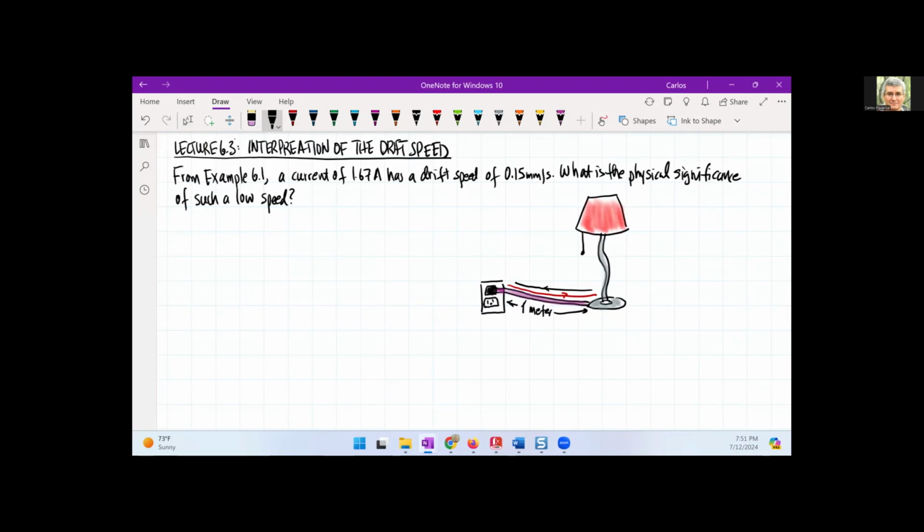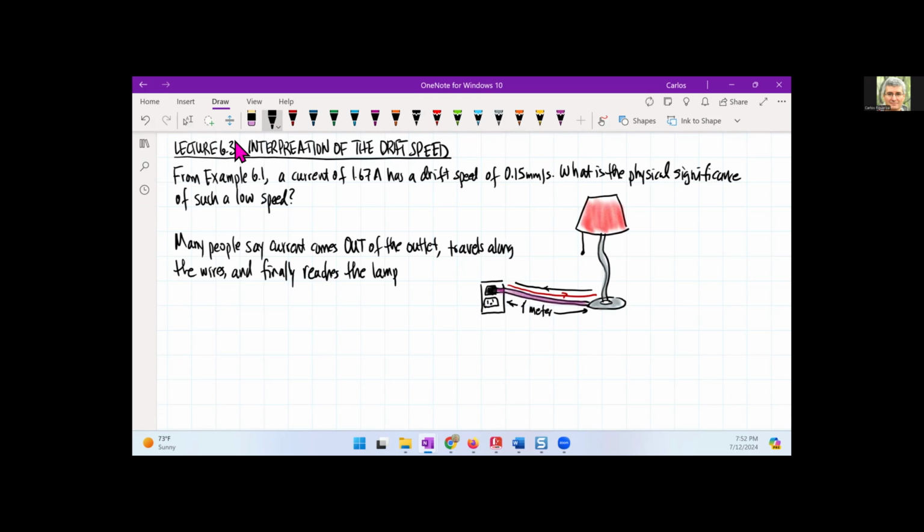So now what we want to think about is that many people say current comes out of the outlet, travels along the wires, and finally reaches the lamp's light bulb.